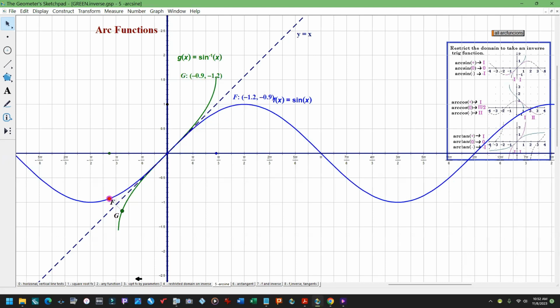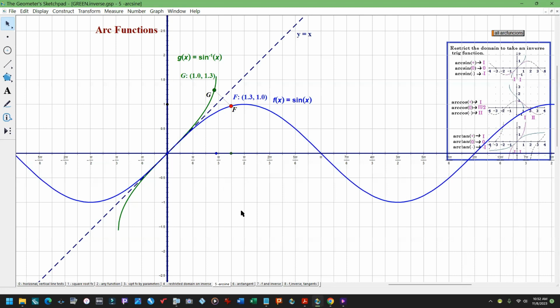Now, the green function is not nearly as long looking as the blue one. The blue is the entire sine function. I would love to be able to undo the entire sine function, but I can't do that unless I restrict the domain.